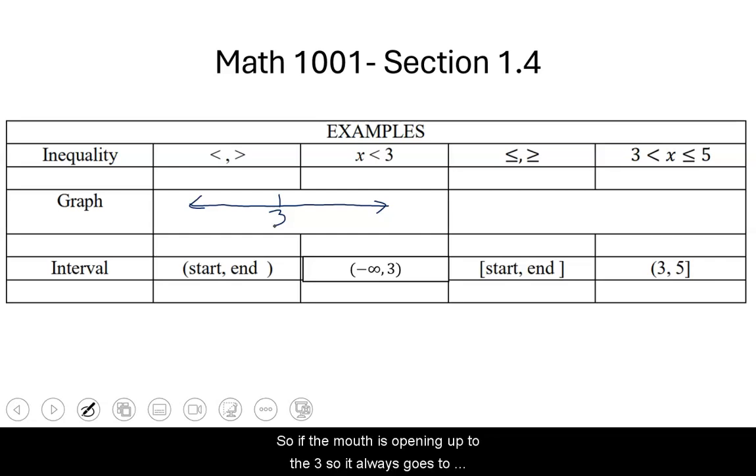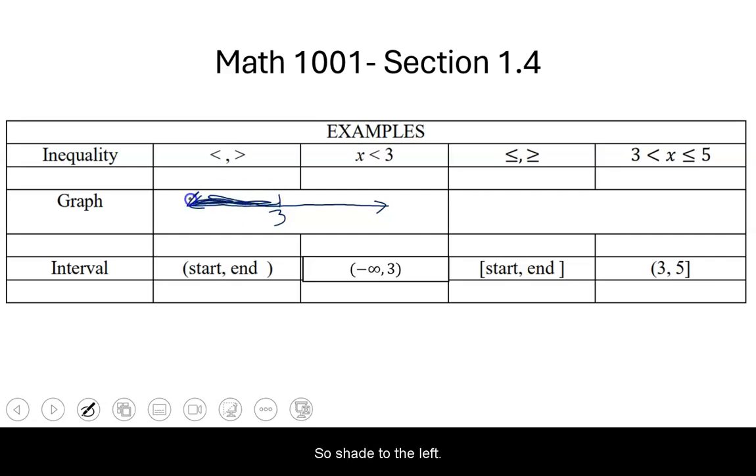If the mouth is opening up to the 3, it always goes to the bigger number, then we are going to shade to the left, right? x is smaller than 3.